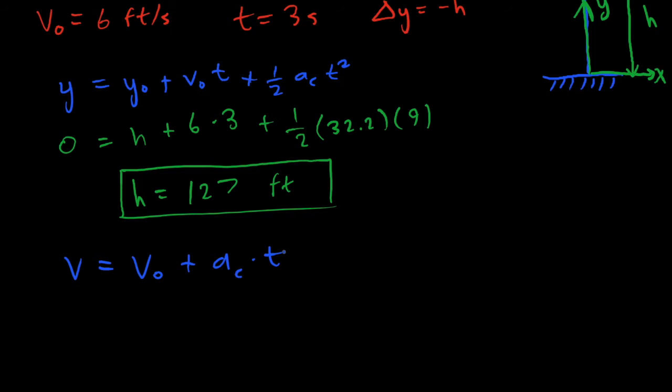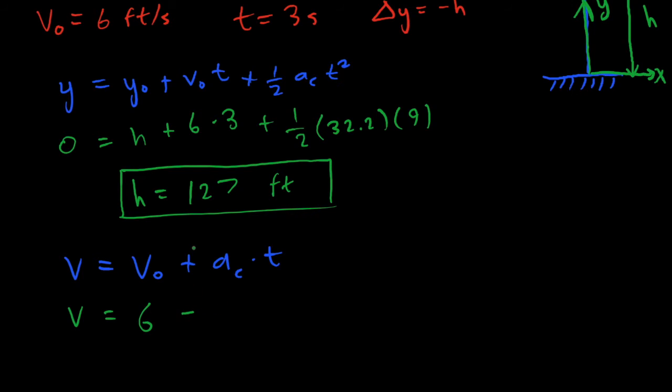In this equation, what we're interested in is the value of v, because that will be the velocity at the point of collision. So v equals, we know the initial velocity is 6 feet per second, plus a sub c, our constant acceleration.